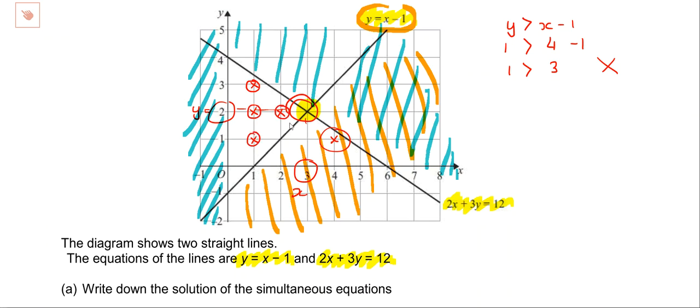We're not allowed anything on the lines. There is a question though about, are we allowed these ones? I say no, because y would be 1, 2, 3, that's fine.